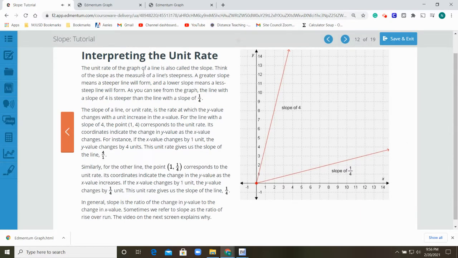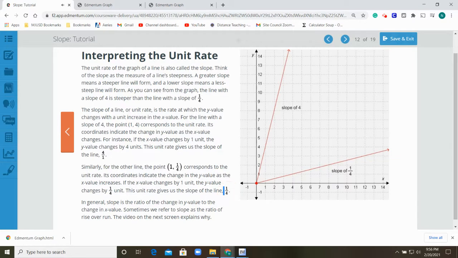Similarly, for the other line, the point 1, 1/4 corresponds to the unit rate. Its coordinates indicate the change in the y value as the x value increases. If the x value changes by 1 unit, the y value changes by 1/4 unit. This unit rate gives us the slope of the line, 1/4.